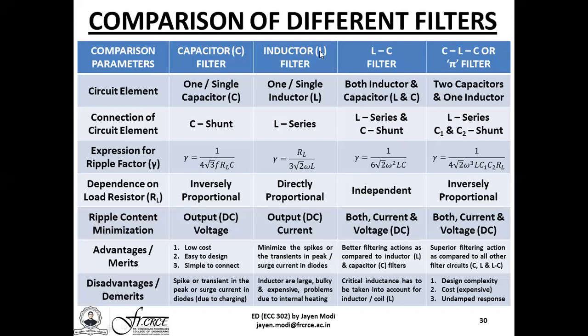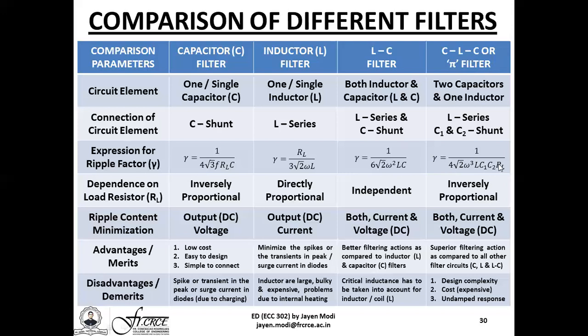For the inductor or the L filter, ripple factor gamma is directly proportional to the load, meaning the capacitor filter can work very well if the loads are very heavy, but the inductor filter can work very well if the loads are extremely light. But for the inductor capacitor or the LC filter, the ripple factor gamma is completely independent of the load RL as the entire equation shows.